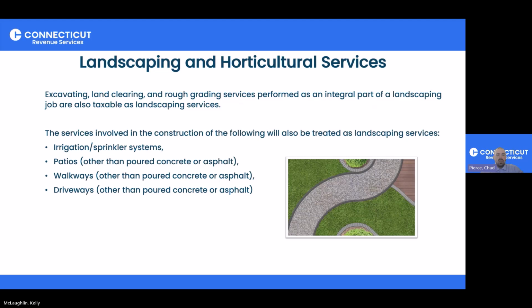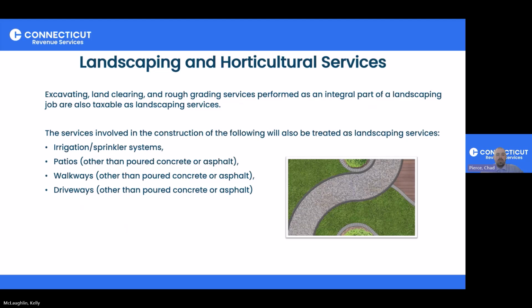Also, an example below is irrigation and sprinkler systems. Same thing, if you're excavating, land clearing, and rough grading to put in an irrigation or sprinkler system, that is going to be a taxable service.